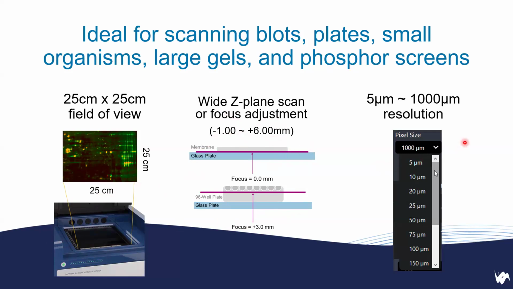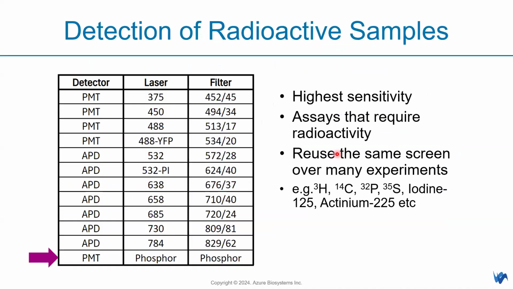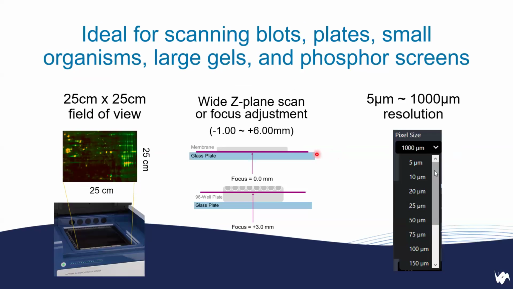And we can choose a huge range of resolutions from 1000 micron down to 5 micron. Right, so let's look at the samples that we can do on the system.